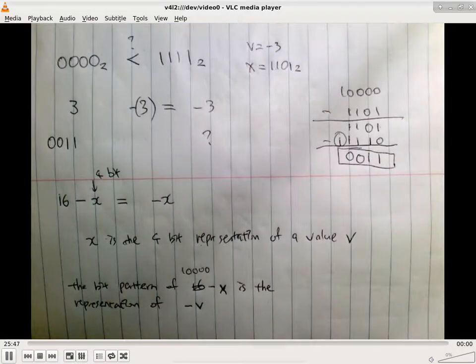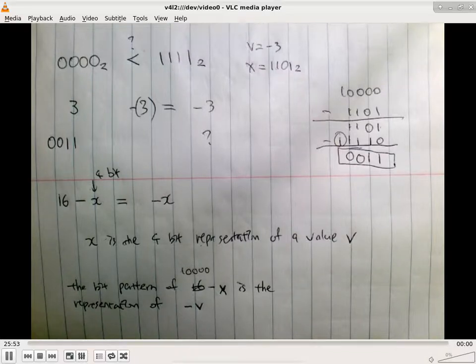So the question is, is 0, 0, 1, 1 the binary representation of the arithmetic negation of -3? That's a long one. The answer is yes, that works.